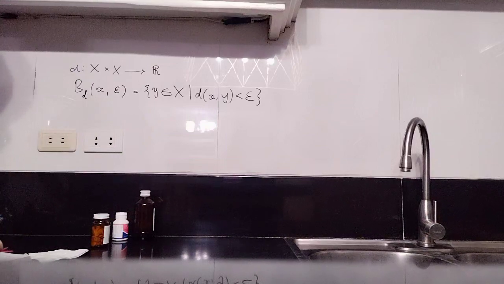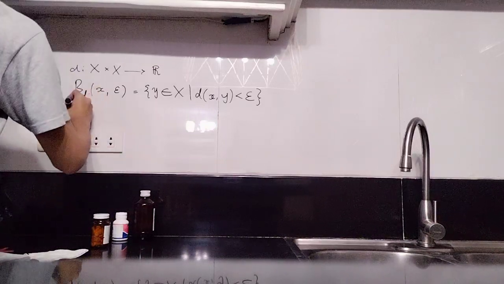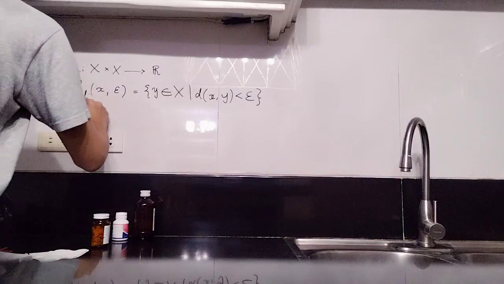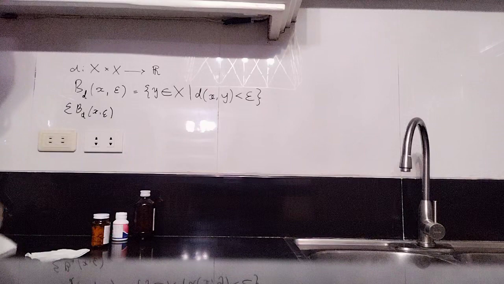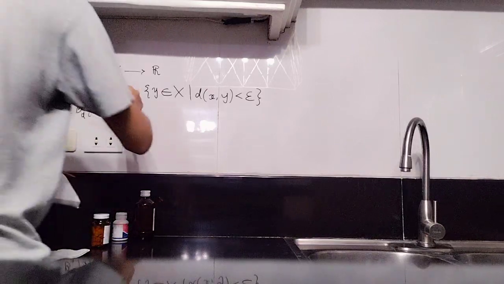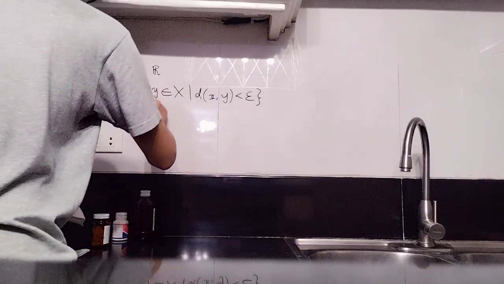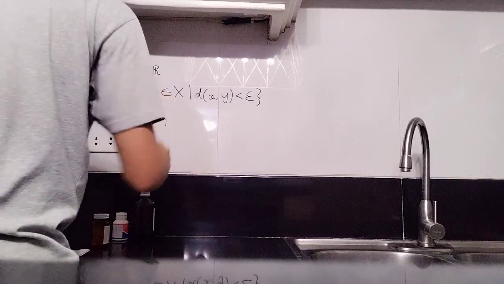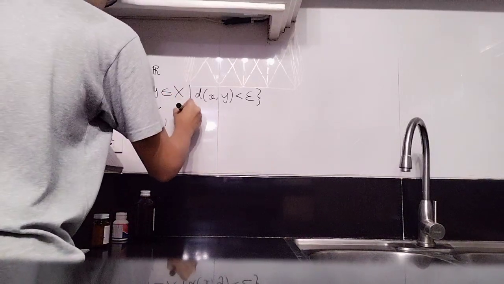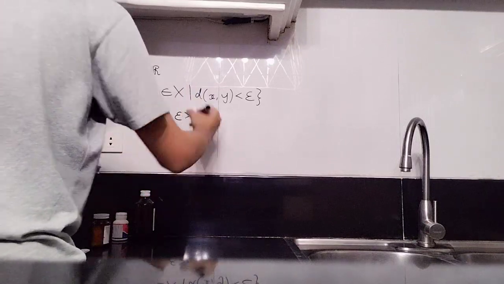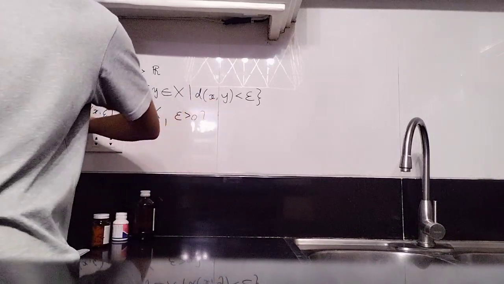So I'm gonna construct a class of all these open balls, such that x, the center point, is inside our original Bussy space X, and epsilon greater than 0, because there's no such thing as negative distance, even in our theory.